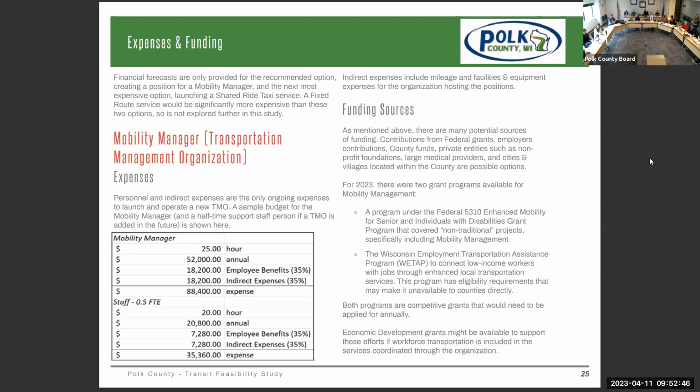I used a model to build out these benefits and indirect expenses that we use at the RPC when we do contracted work, because basically the suggestion is that the person, and I think there are some more concrete plans that will be discussed momentarily, would be residing within an existing county organization.